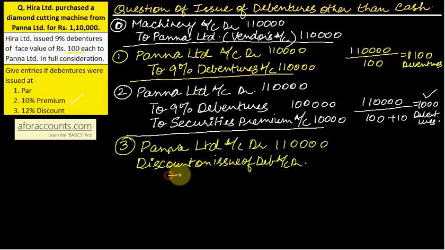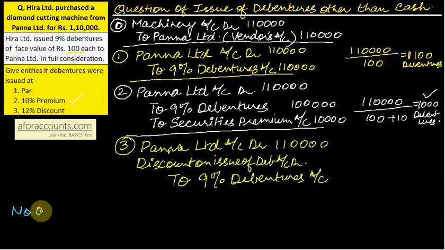To 9% debentures account. And now we will calculate the number of debentures.